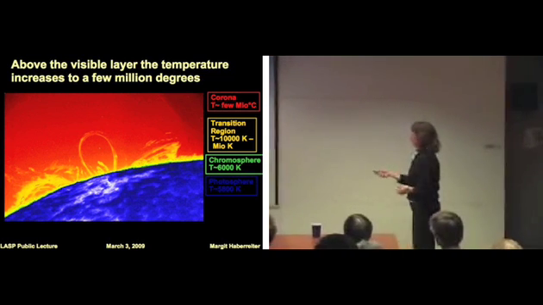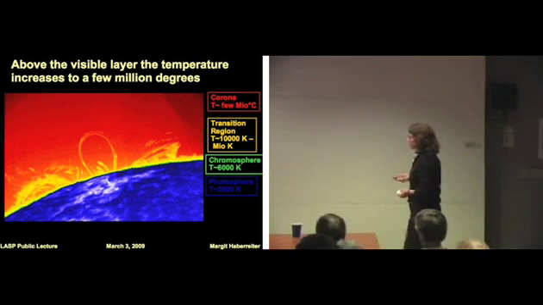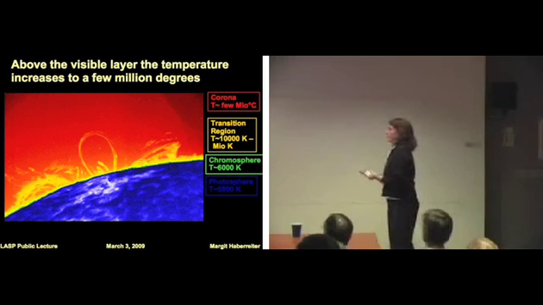Now, this is only a cartoon, but it should visualize the main points. We have the photosphere at around 5,800 kelvins. Then right above the photosphere, there is the so-called temperature minimum, which is at pretty low temperatures. Then higher up is the chromosphere, the transition region, and the transition region connects to the corona, which has a few million degrees.